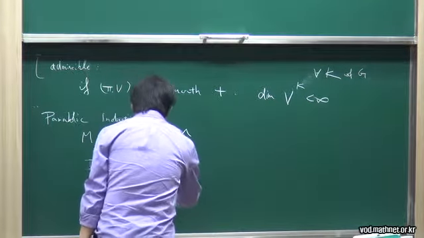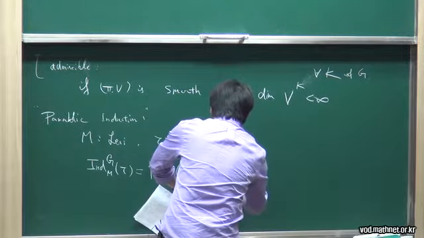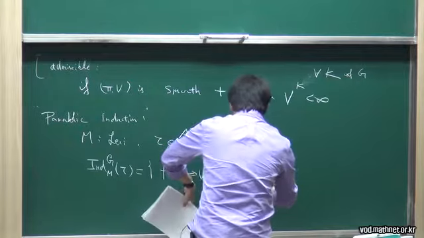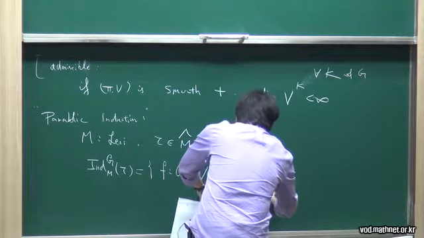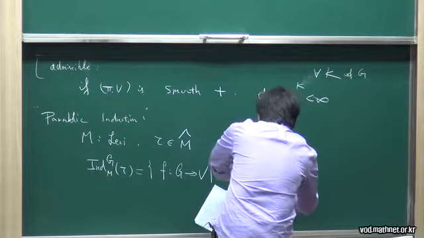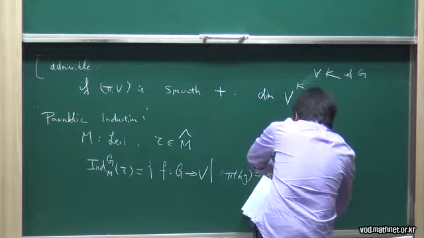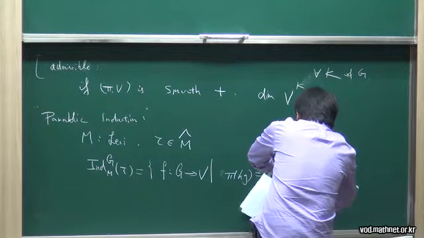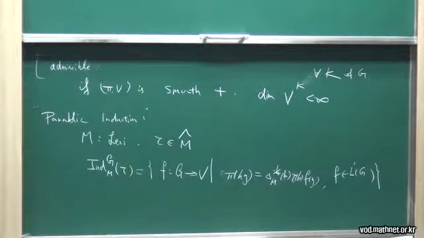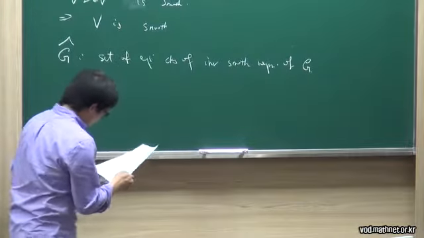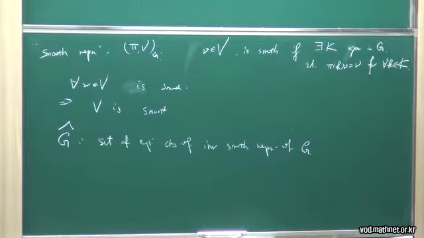So the space here should be something like that, of functions in L1 of G, and then we choose a regular one.